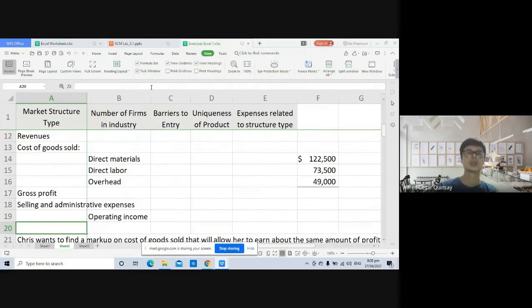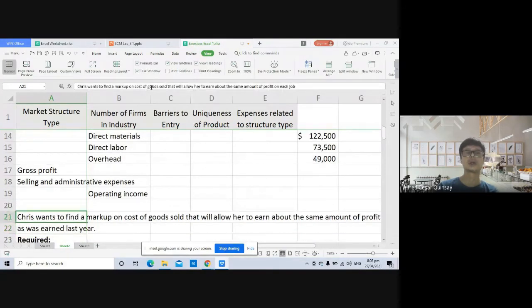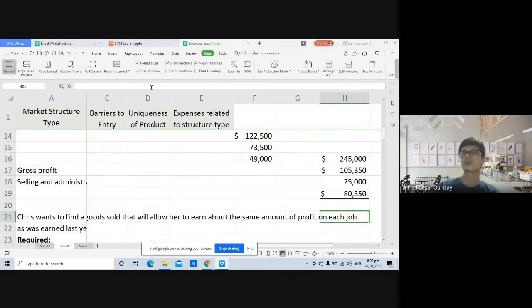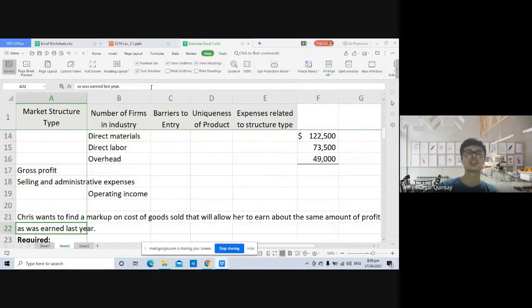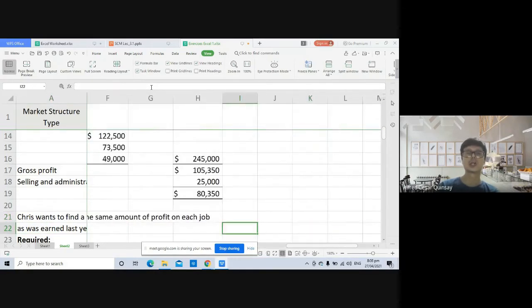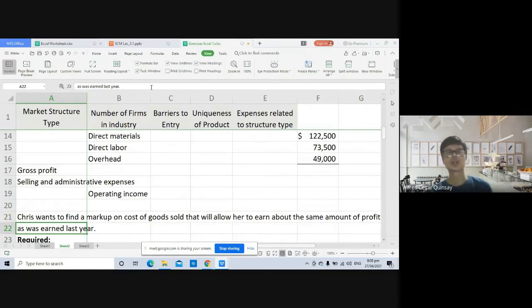Okay. So ito yung another given, no? Chris wants to find a markup on cost of goods sold that will allow her to earn about the same amount of profit on each job as was earned last year.